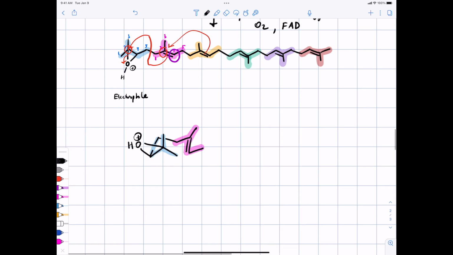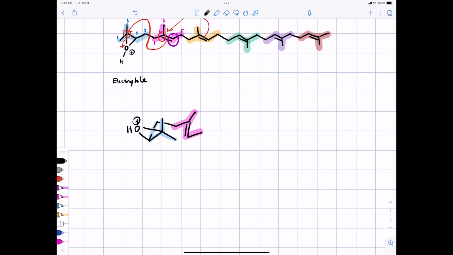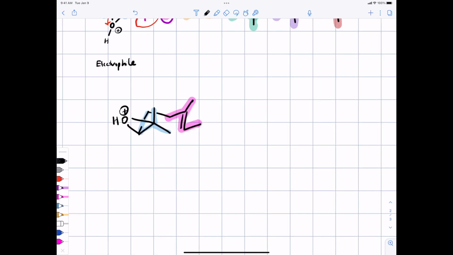Now I'm going to try to draw the rest of the molecule. I know what's going to happen, so I'm going to try to draw all of this in a way that makes it a little bit clearer what happens.